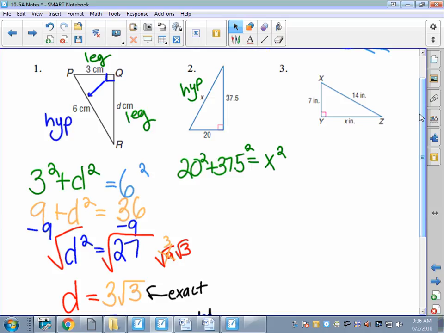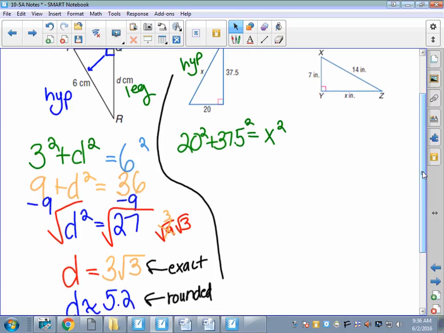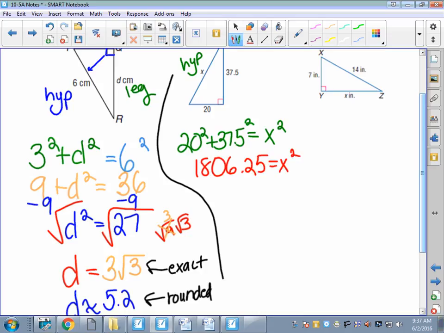If you ever start with a decimal in the problem, just go to a decimal or a rounded answer, because that's crazy trying to square root and break down decimals. So when I go to my calculator, I'm just going to type this straight across. I'm just going to do 20 squared plus 37.5 squared because it's not really an equation to solve. When I did that, I got 1,806.25. It's still equal to x squared. Don't forget that your last step is going to have to be to square root that.